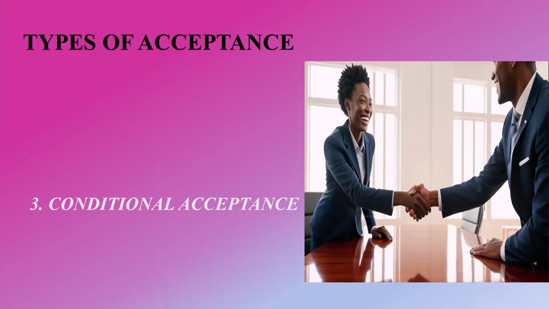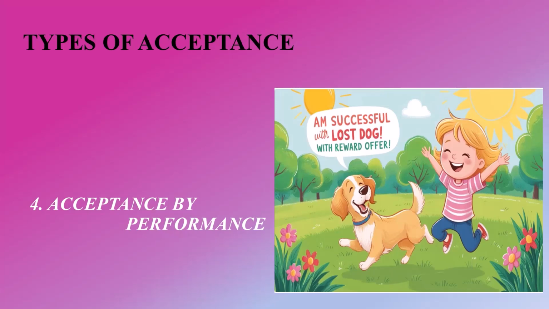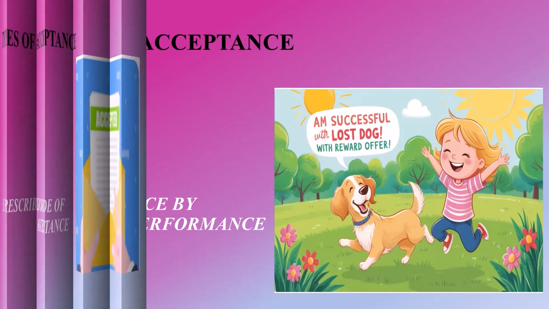Now let's have a look into the conditional acceptance. This is acceptance which involves agreeing to an offer subject to certain conditions being met. For example, accepting a job offer depending on a high salary is a conditional acceptance. The next type of acceptance is the acceptance by performance. The acceptance which occurs when the offeree performs the act specified in the offer is called acceptance by performance.